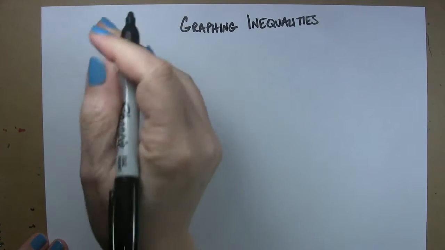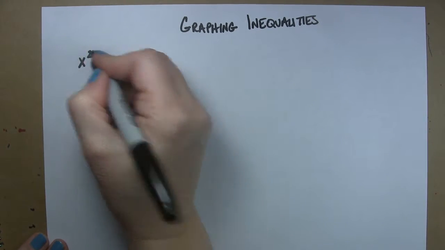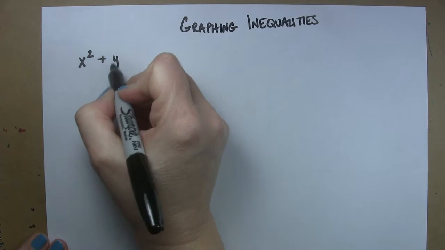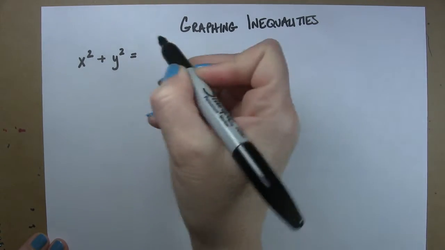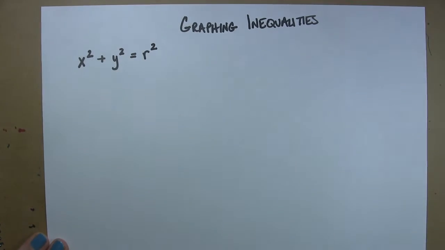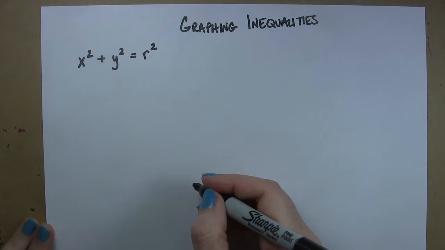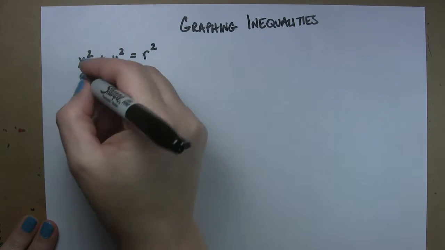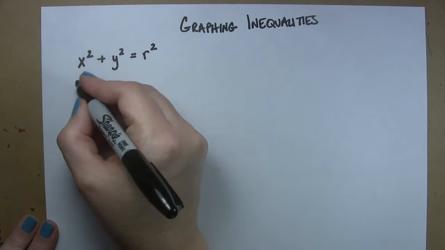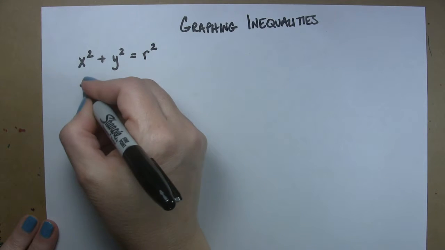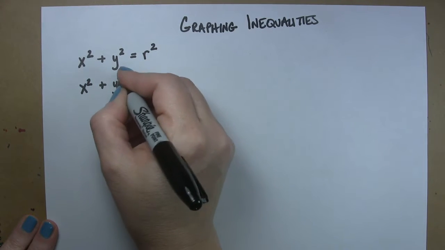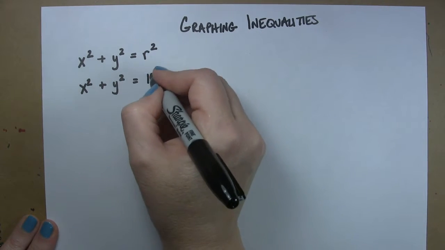So we're going to focus on a circle right now, and this is the ordinary and straightforward equation for a circle: x squared plus y squared equals r squared. And I could give you an equation like this: x squared plus y squared equals 16.